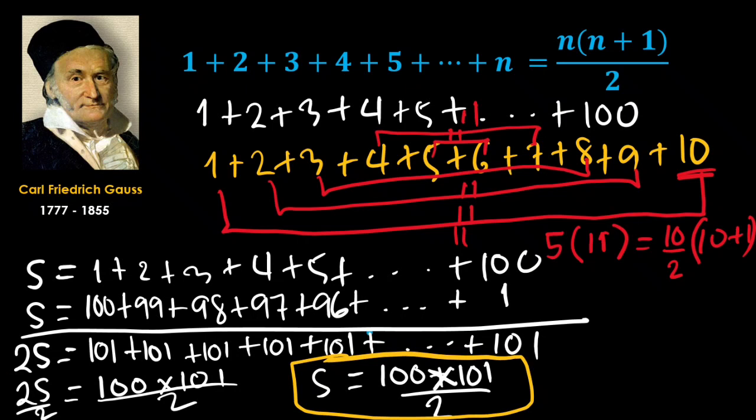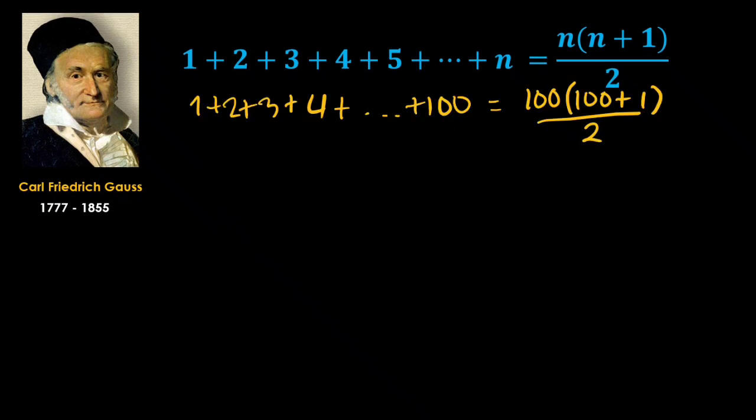So this is the equation he came up with. If we add 1 to 100, the formula would go like this. We have 100, then multiply it to 100 plus 1, then divide it by 2. So in this, if you look at here above, this is the general formula for any number n.